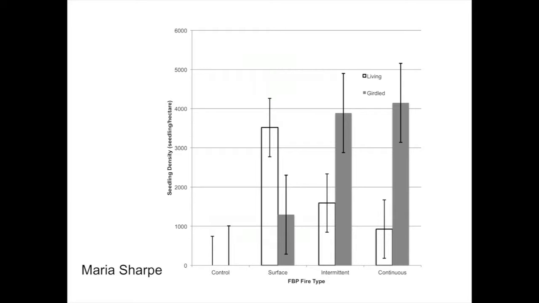Now it's interesting, you should look at the control here where you didn't do any burning. These are six-year-old girdled stands here. In that case, this line is the girdled stand 6 years old after the killing. And that's our regeneration in terms of new seedlings.